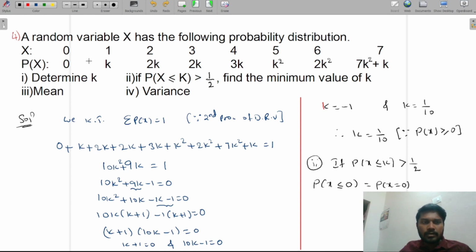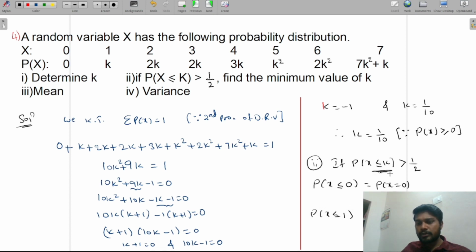Yes or no? See, then the result at k equal to 0 is 0. Probability of X ≤ 0 is 0. So can I say this result does not exceed 1/2? Yes. So now we'll substitute k as 1.